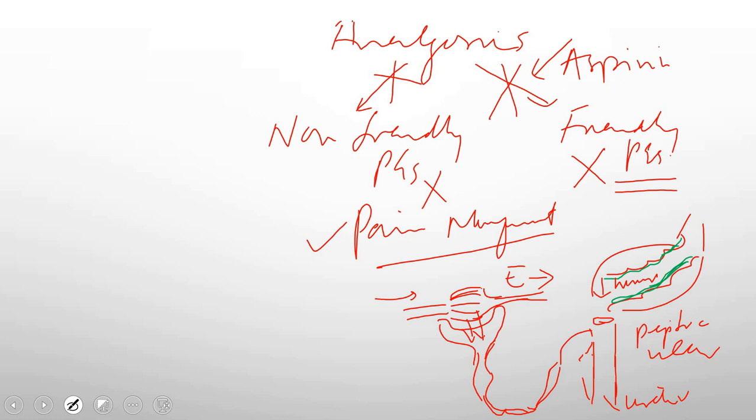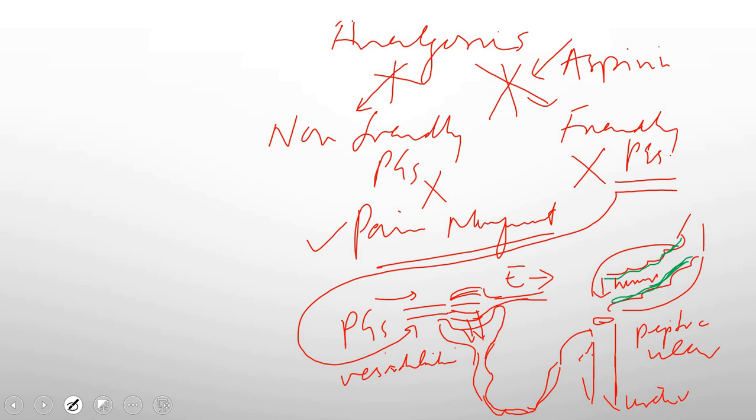So the PGs are important for us. There are certain PGs which are important for maintenance of this vasodilation here, and this vasodilation will be helpful.